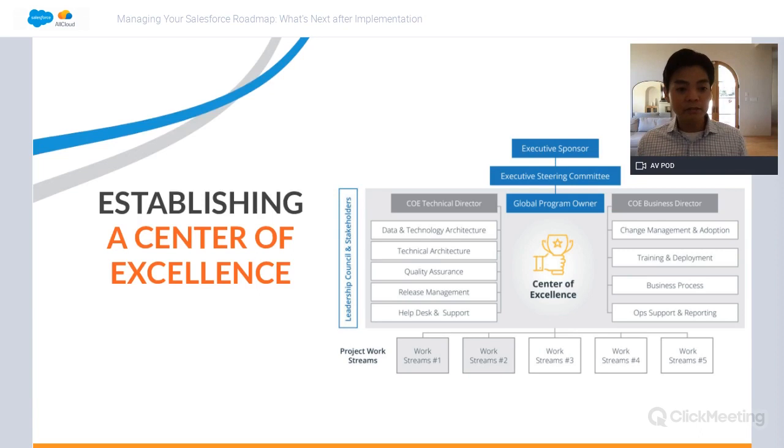It could be sales, service, marketing or support, whatever that is, but at least identify users within those different departments that can act as champions or evangelists for how Salesforce should be used, so that when training time comes, when you're onboarding users, doing user acceptance testing, and getting ready for the deployment, they can act as champions for you and help you get through some of the obstacles that might be ahead of you when it comes to training folks.